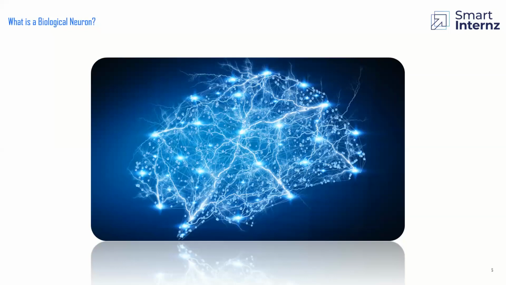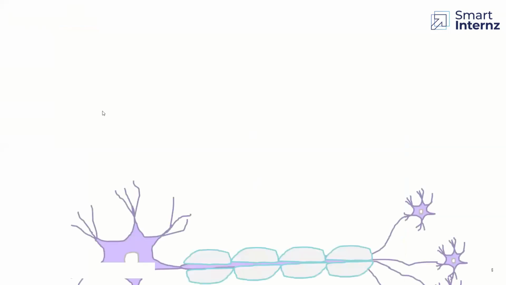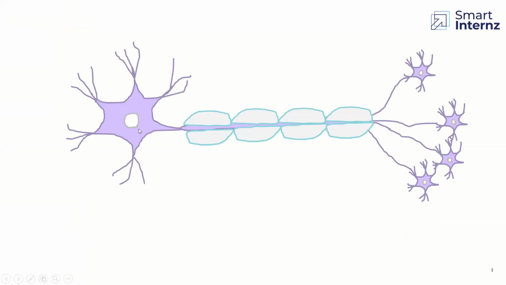An artificial neural network also has neurons that are linked to each other in various layers throughout the network, and these neurons are basically known as nodes. So an artificial neural network is derived from the biological neural network that develops the human brain structure.